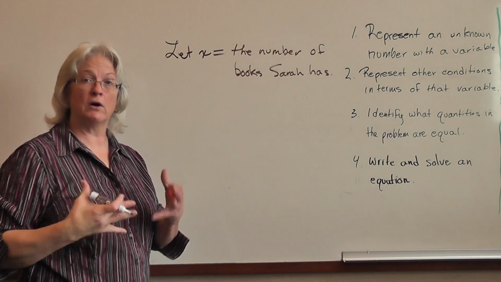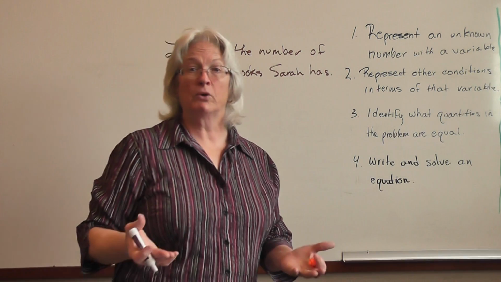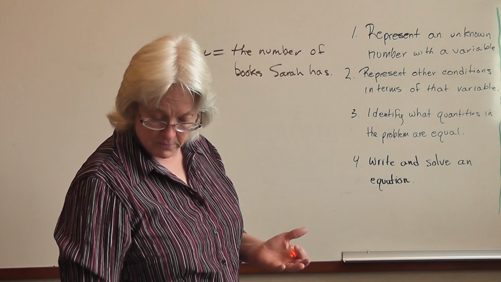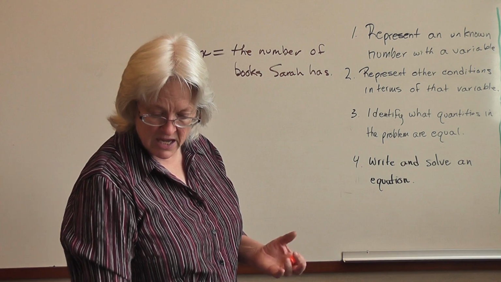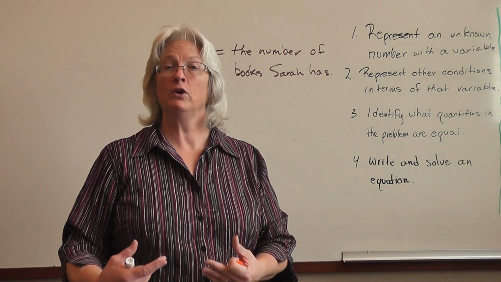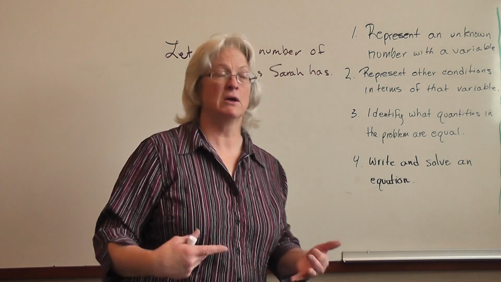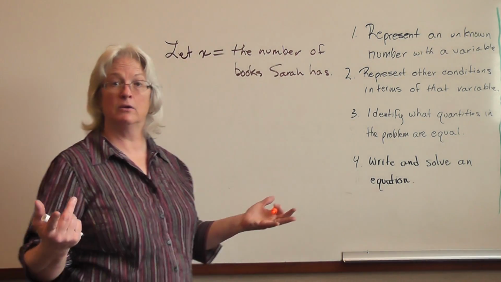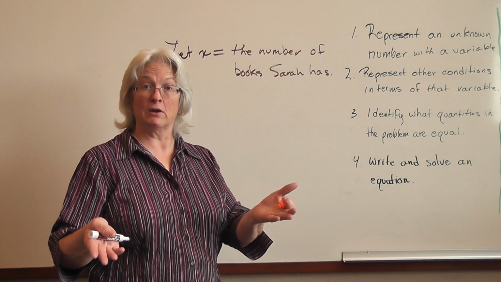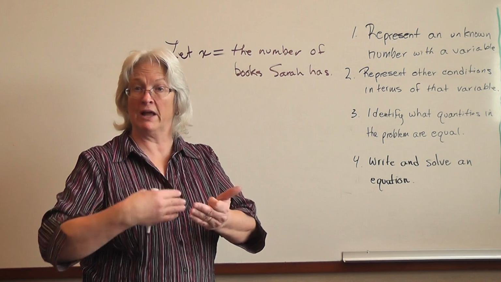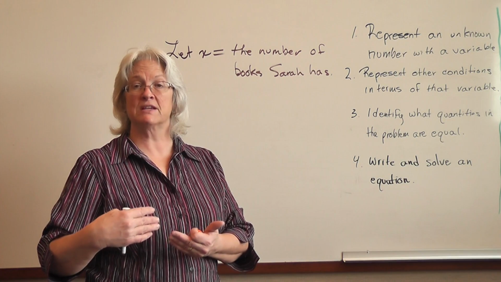Now, who else are we talking about in this problem? Well, we're talking about Rusty, and the problem tells us that Rusty has 4 fewer books than Sarah has. So let's say that Sarah has 10 books. How many books is Rusty going to have? Well, he's going to have 4 less. 10 minus 4 is 6.